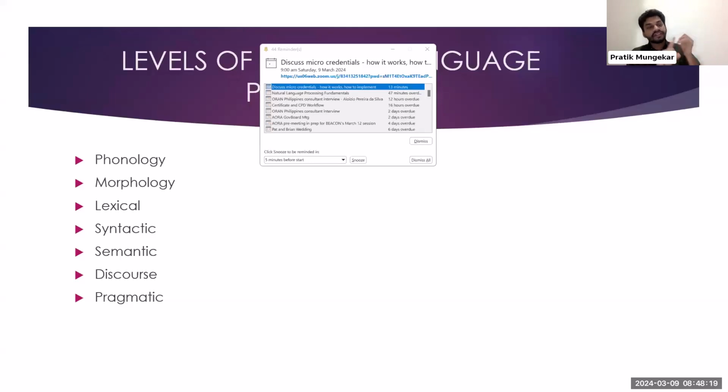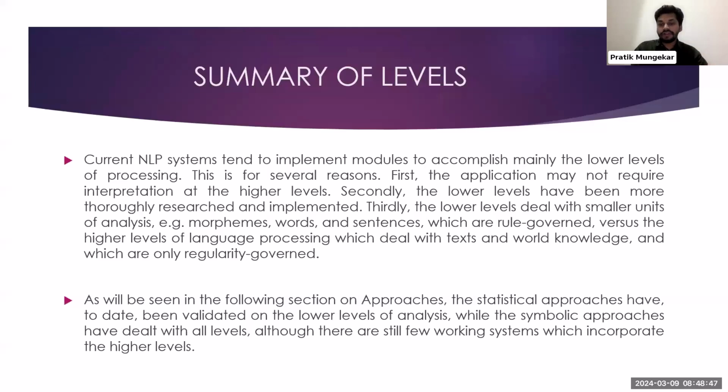And the second: the city councillors refused the demonstrators a permit because they advocated revolution. These two sentences require resolution of the anaphoric term they, but this resolution requires pragmatic or world knowledge. Okay, the summary of levels.